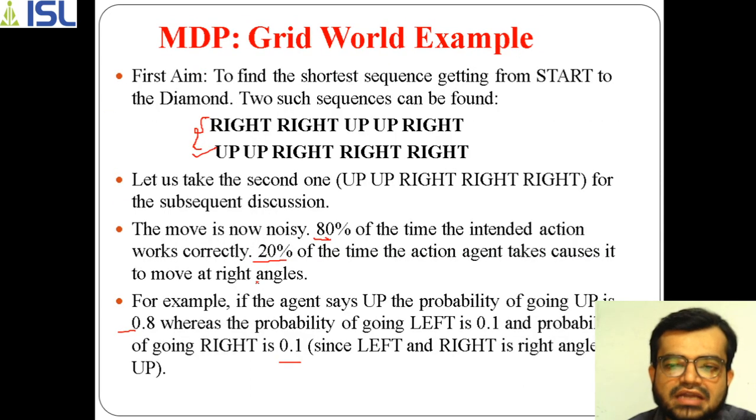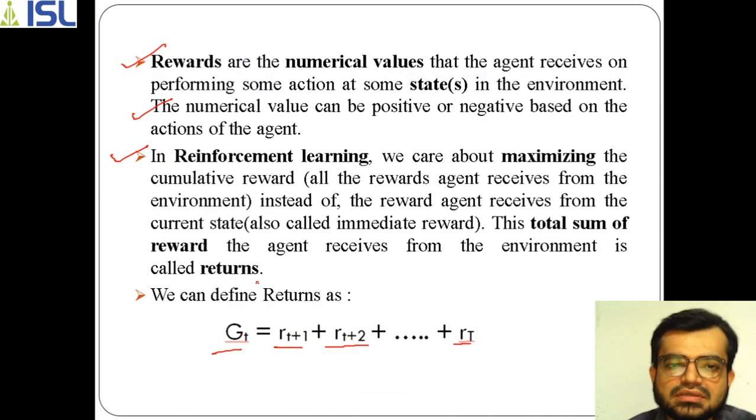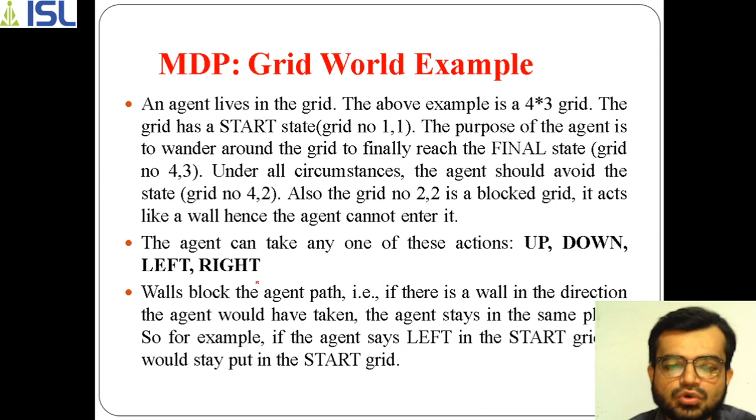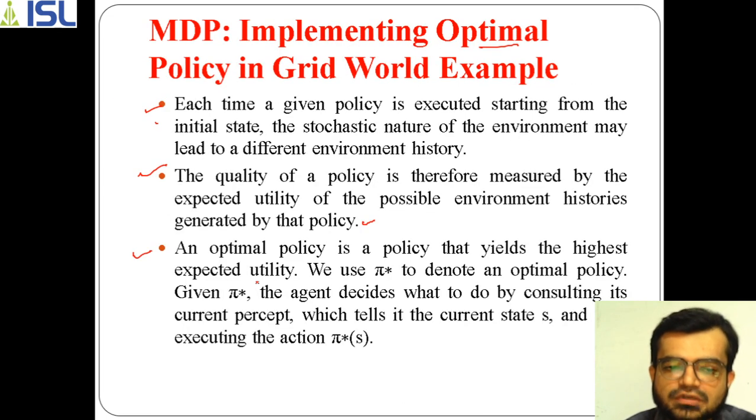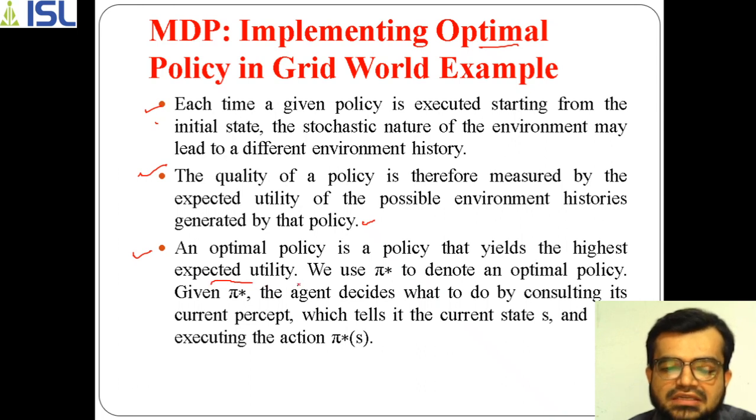Just now I said that reinforcement learning has to maximize the cumulative reward. The overall reward should be maximized. For that purpose we use a policy called the optimal policy, which gives the highest expected utility.